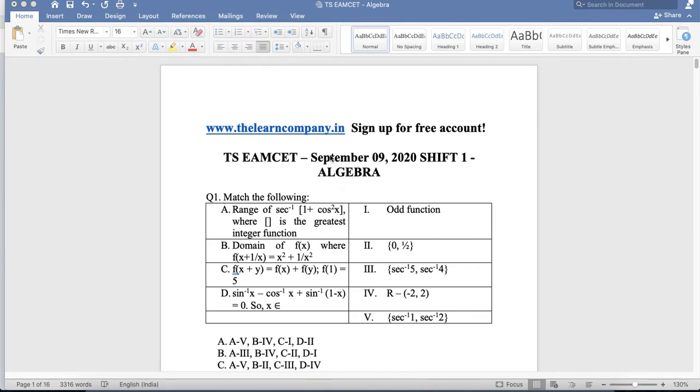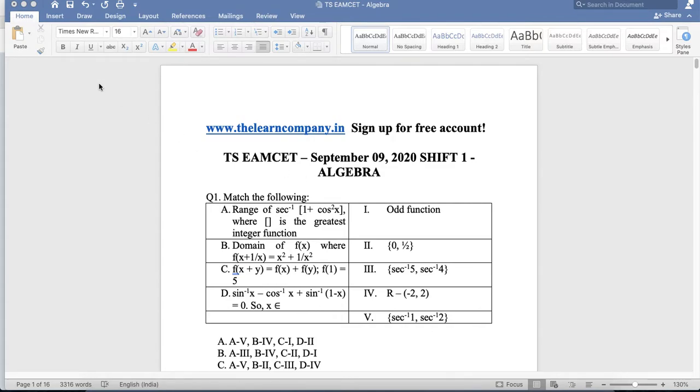When I compare the difficulty level with IIT JEE, it's much easier because the questions that are asked are straightforward, and if you remember the formulas and theorems, you can complete the whole paper easily.